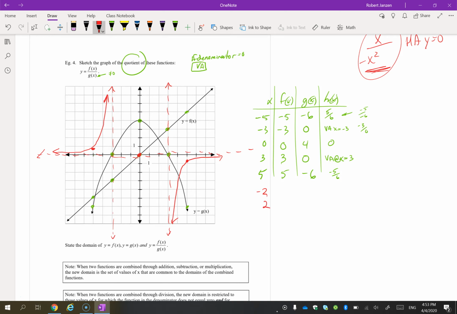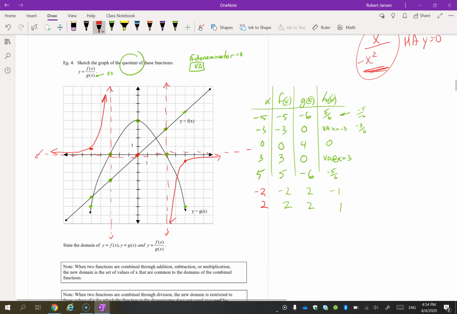If x is negative 2, f of x was negative 2, g of x was 2. So if we're dividing, you get negative 1. But then over here, you get 2 and 2, and you get positive 1. So this graph will look something like this.